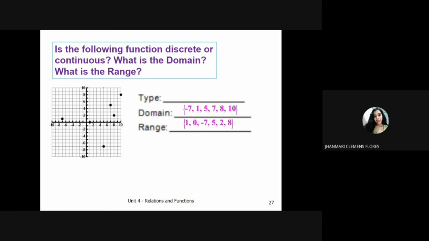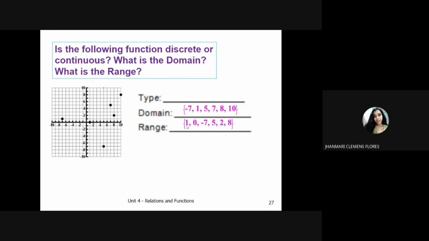Okay, judging this graph, what do you think this is? Before we identify it, again, this is how you plot the points. So here we got the domain of -7, 1, 5, 7, 8, 10, then range of 1, 0, -7, then 5, 2.